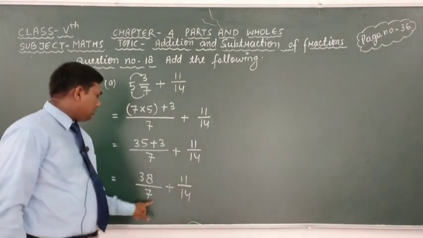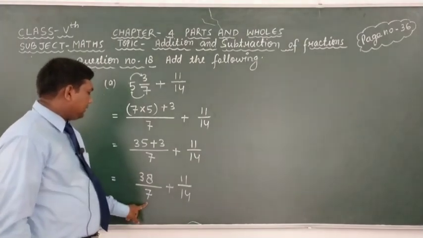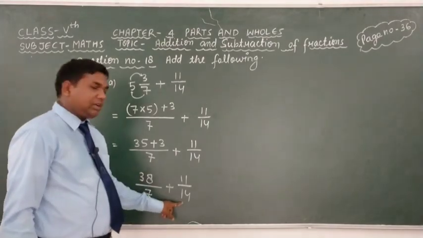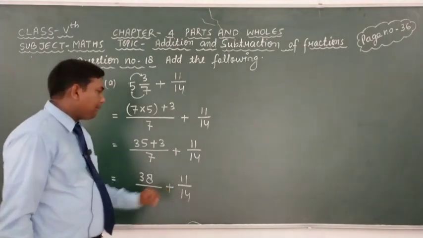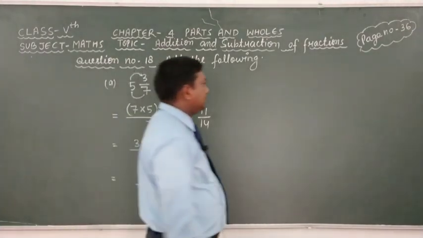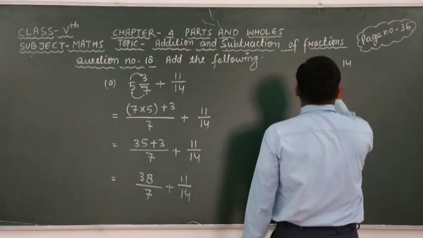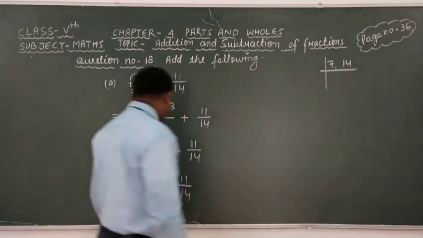Look at the denominator parts. Here given 7 and here 14. 7 and 14 are not the same denominator, therefore we take the LCM of 7 and 14.